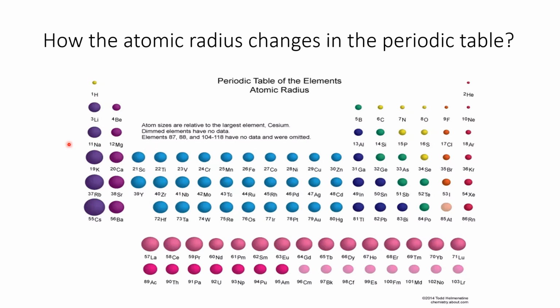Whereas when we're going from left to right, here we see that there is a decrease in the atomic radius. That is because the effective nuclear charge increases when we go across a period, but the electron shielding remains constant. So here we saw that energy levels increase, and that's why they're not being pulled so much by the nucleus.